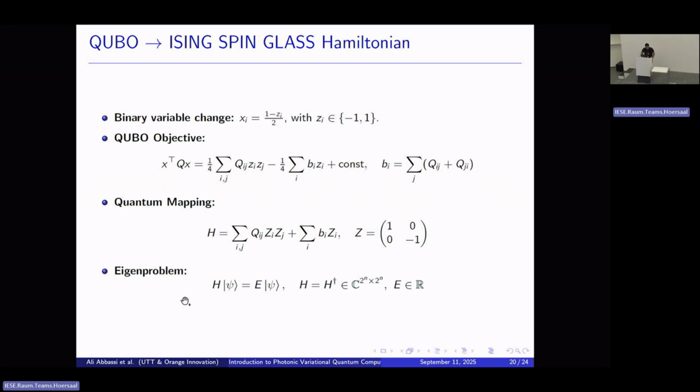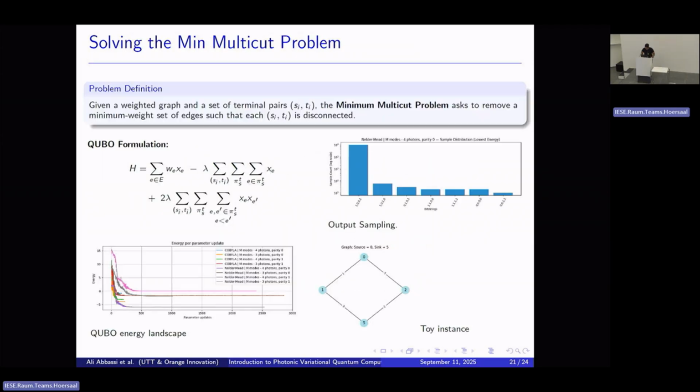So we are looking for the eigenvalue associated to the minimum eigenstate, which is the minimum energy of our Hamiltonian. But we could have done differently, of course. It depends on which Hamiltonian, or how good the Hamiltonian is in capturing the optimization problem.